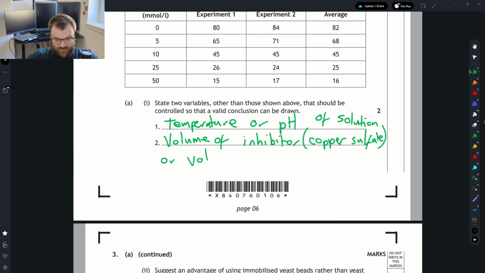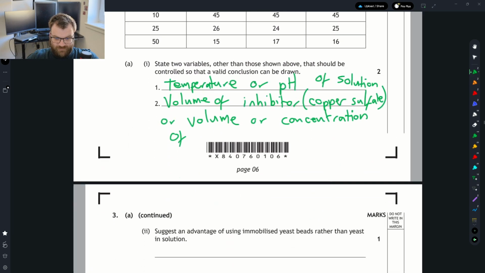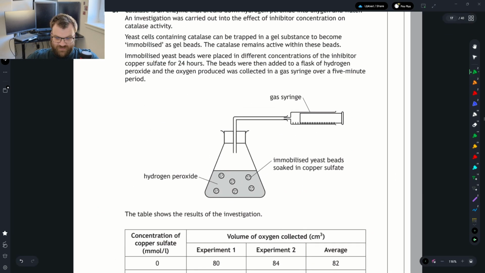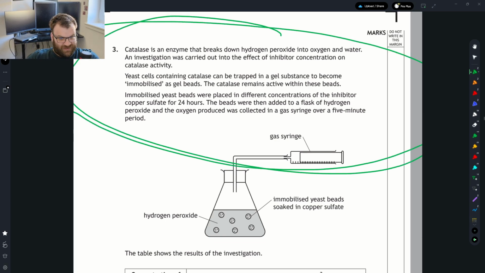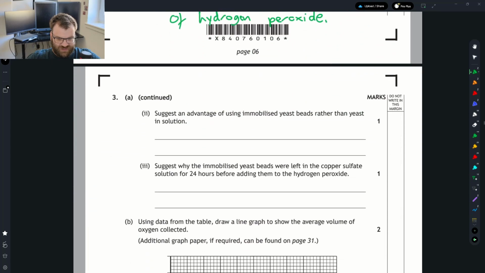Or volume, concentration of hydrogen peroxide. Other things could be the beads, how big the beads are, how many beads there are. It doesn't say that as well. So you've got quite a lot of options that aren't mentioned. If it's said up here, any of those ones, don't put them, put other ones that aren't mentioned.